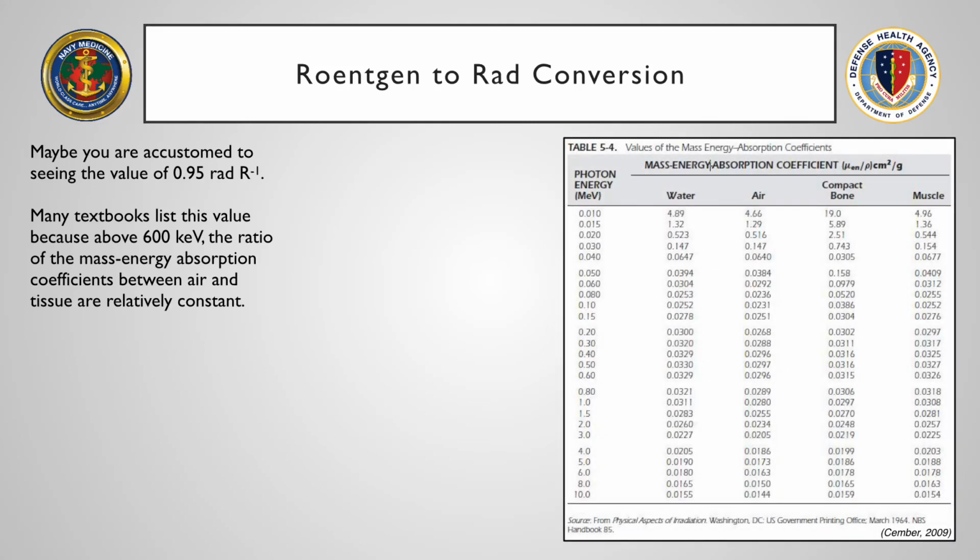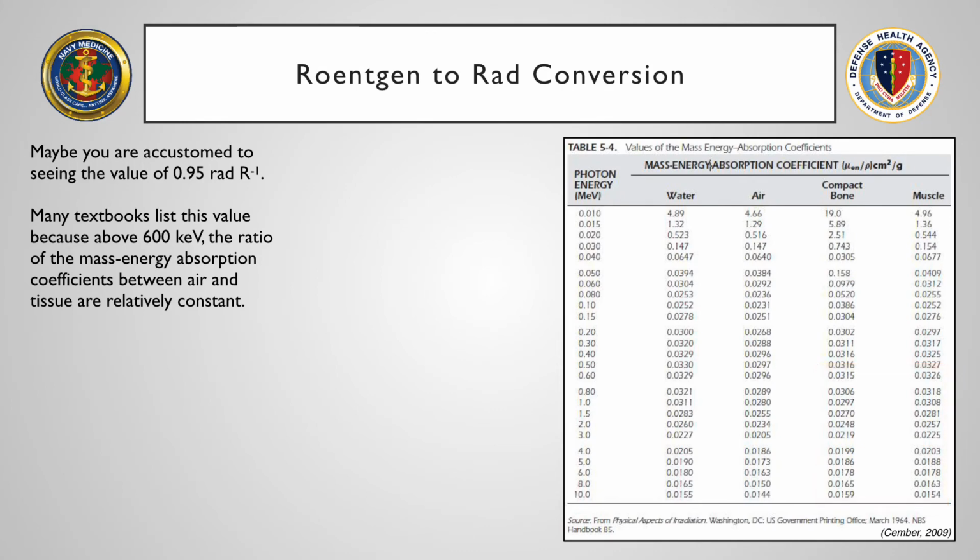So the chart on the right shows the values of the mass energy absorption coefficients for various energy ranges. Let's take 600 keV to 10,000 keV, or 10 MeV. We'll take a look at the air mass energy absorption coefficients, and then we'll select the compact bone and muscle mass energy absorption coefficients.